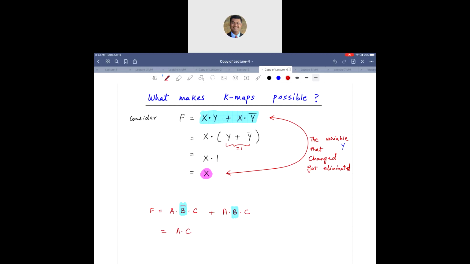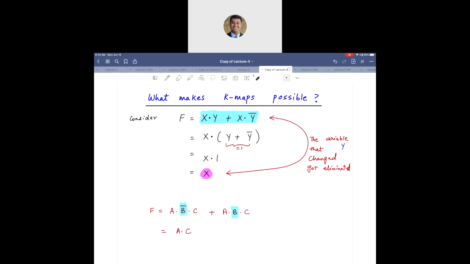So the variable that changes gets eliminated, the variables that remain the same, they continue to appear. So that is the underlying Boolean algebra which is exploited by K-maps.